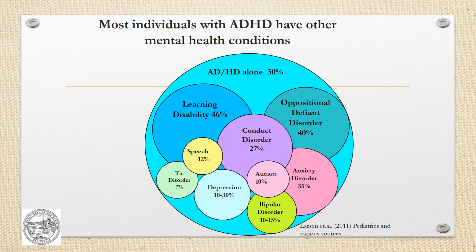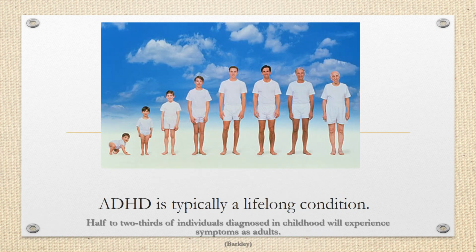Most individuals have some other conditions such as anxiety, oppositional defiant disorder, depression, conduct disorder, or learning disability. The most prevalent learning disability for kids with ADHD is in written language, and the next most prevalent is in mathematics, and the least common is a reading disability or dyslexia.